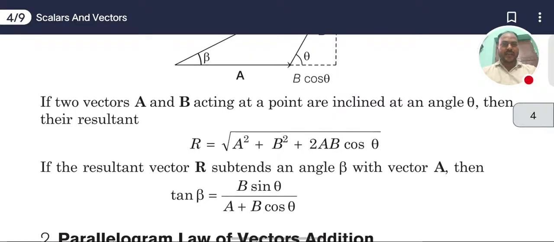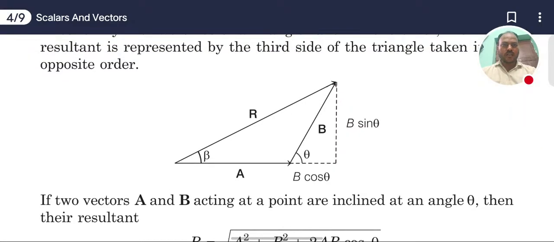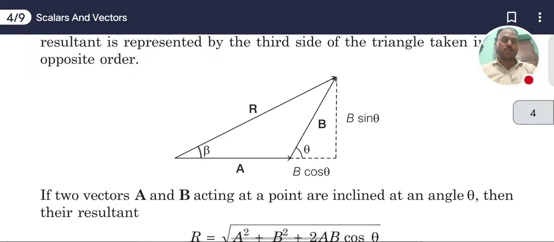Here you can see the angle created between vectors R and A; that angle is beta. For the third side, vector B, we get two components: one is the sine component, another is the cos component, B sin theta and B cos theta.